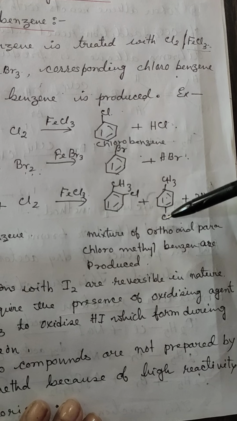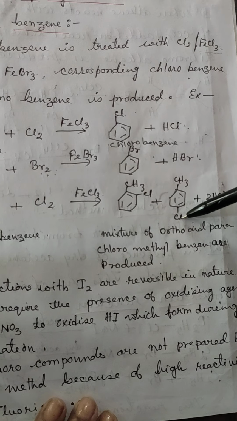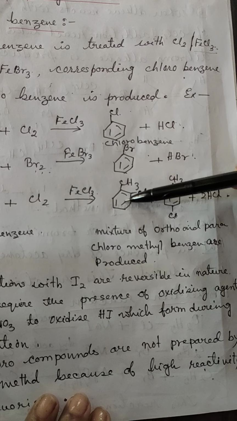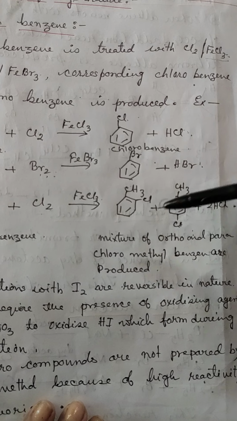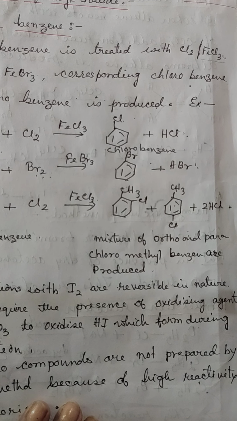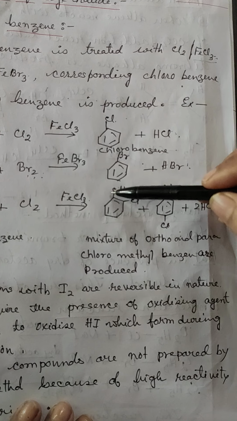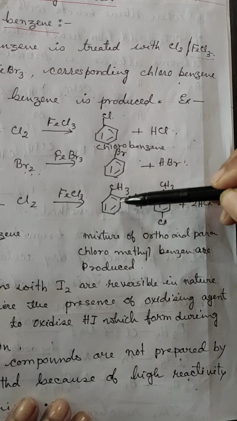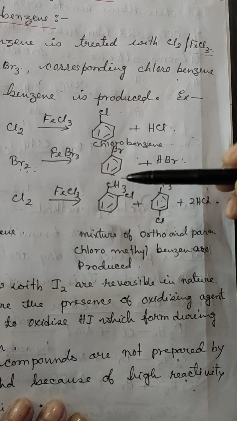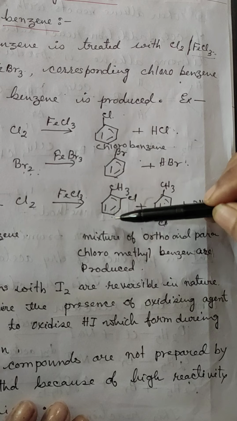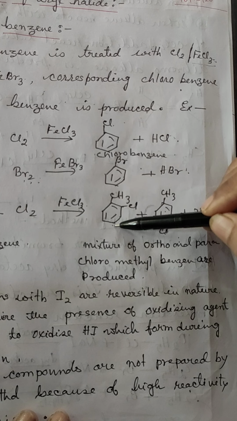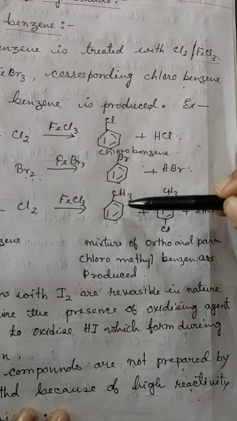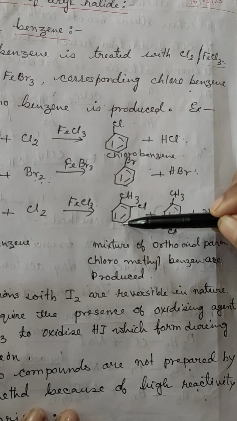The reason is something we have already studied in first year. In an aromatic compound, when a group is there, the group may be ortho directing, para directing or meta directing. Here the methyl group is an ortho and para directing group. That means substitution will happen at the ortho and para positions. The electrophilic substitution will happen at the ortho and para positions, not the meta position.